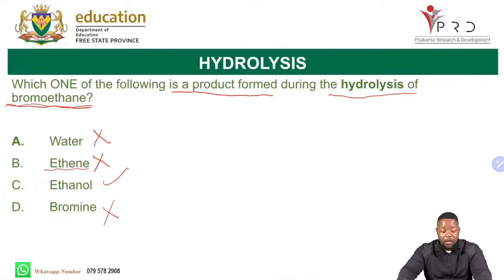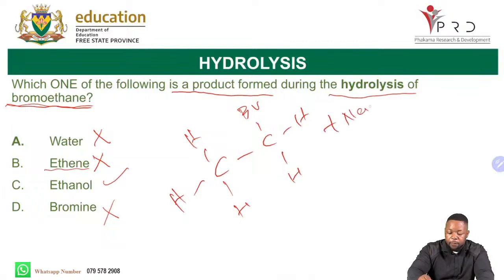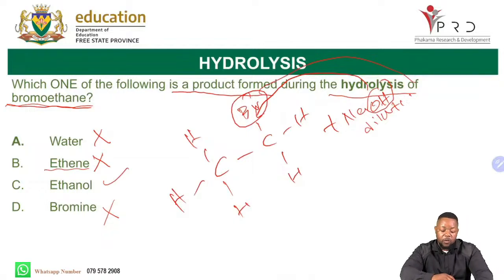So that is the substitution there of this two carbons with a bromine. So this is bromoethane here. So if bromoethane is treated with a strong base such as sodium hydroxide, that is dilute, then we are going to see here that the hydroxide will come and substitute the bromine, and then we are going to have ethanol.